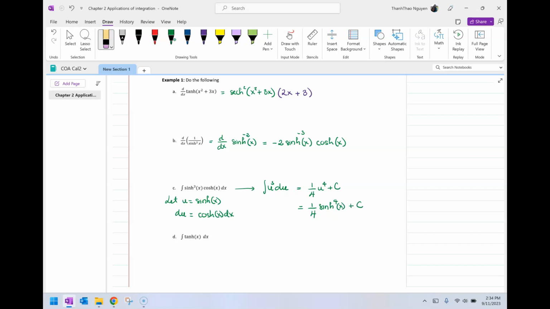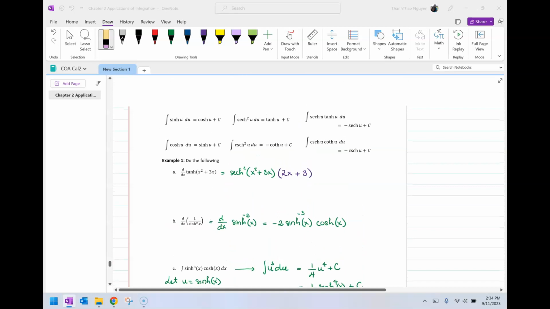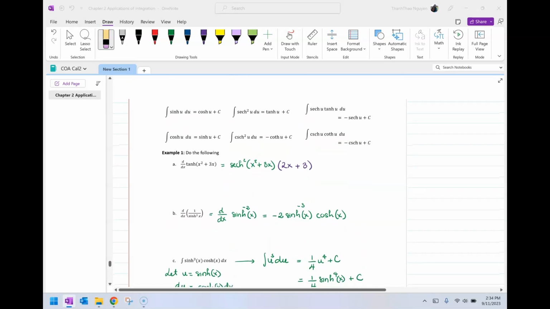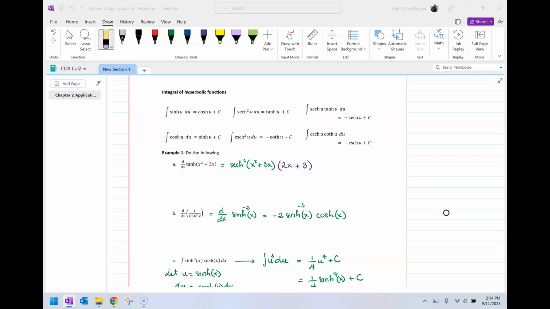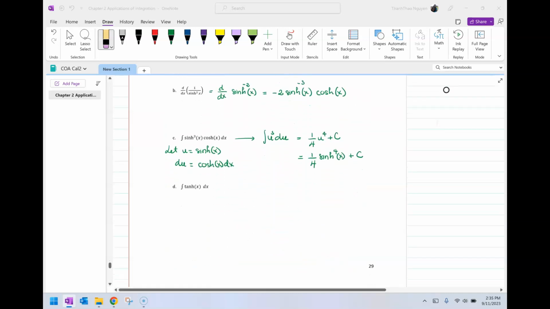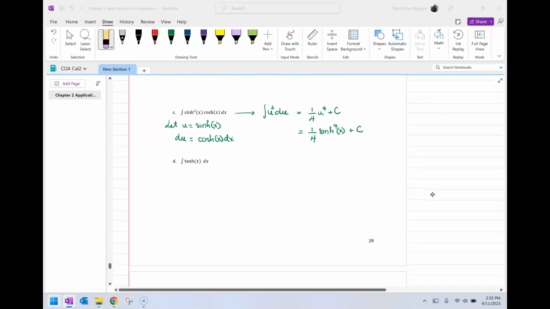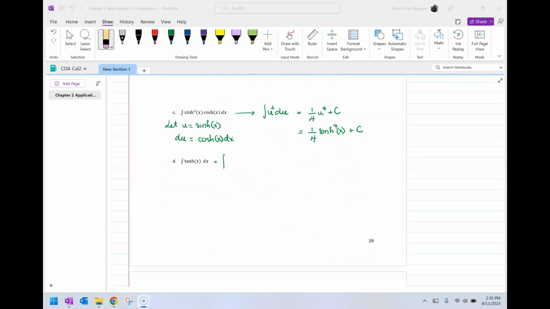Okay. The next case, we have the integral of hyperbolic tangent. So let's see, what do we have for our formula? The integral of hyperbolic tangent, well, we don't have the formula. But we can rewrite the hyperbolic tangent. The hyperbolic tangent equals sinh over cosh.